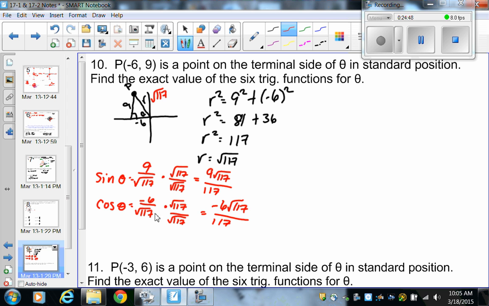And then tangent would be 9 divided by negative 6, and we're going to reduce that to negative 3/2. So then we need to find cosecant, which is just the reciprocal of sine, so that's going to be square root of 117 over 9.